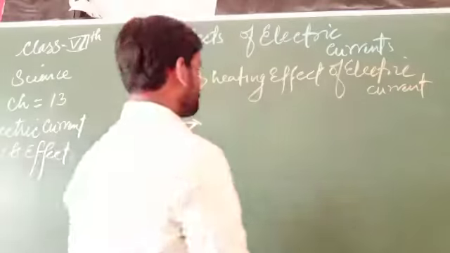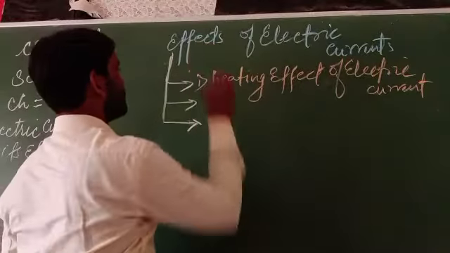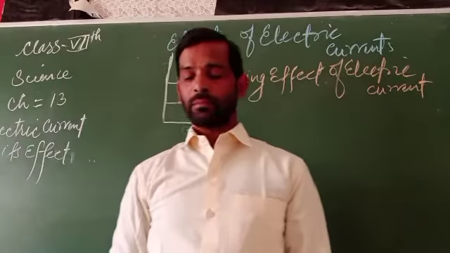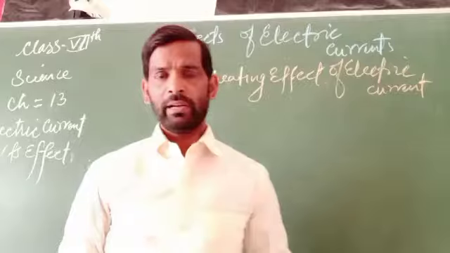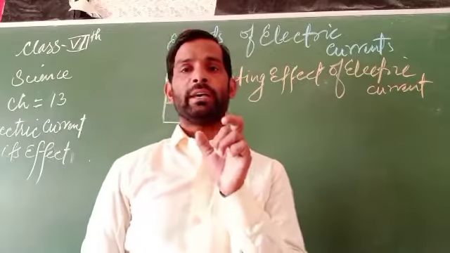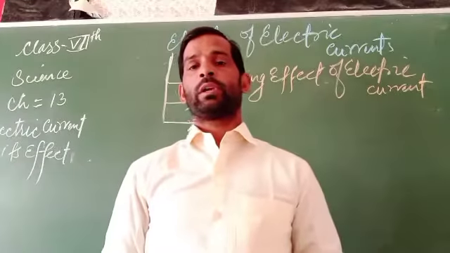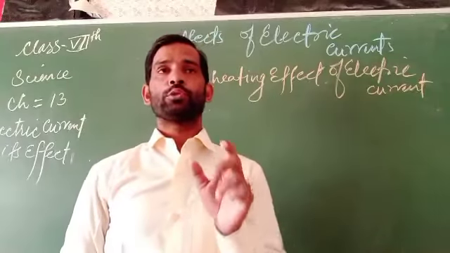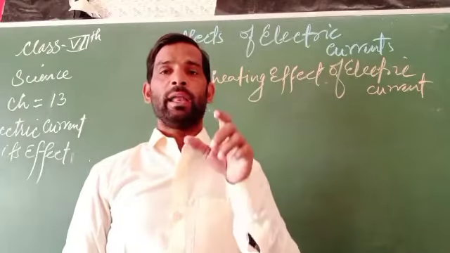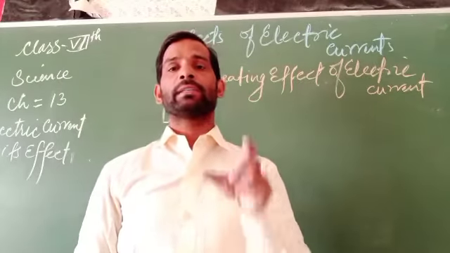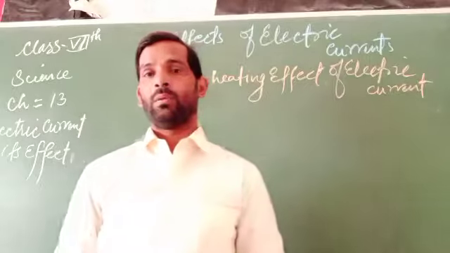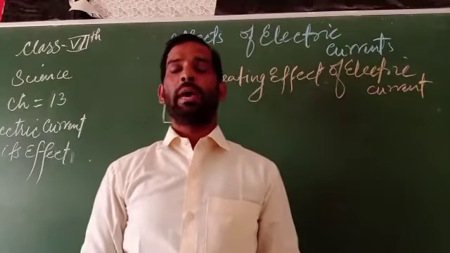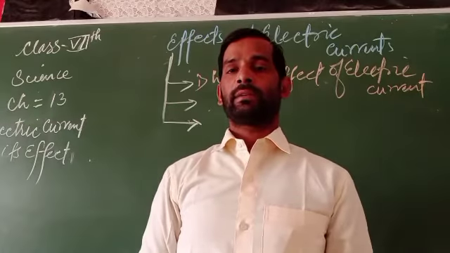Next one is: we know that the electric current has a specific characteristic. What is it? When there is a continuous supply, the electric current behaves as a magnet.